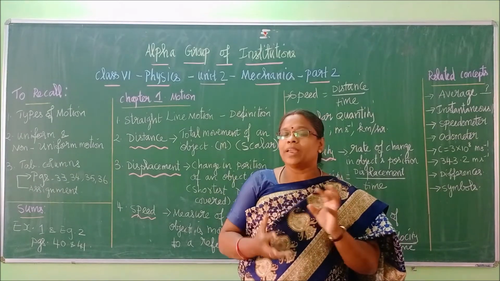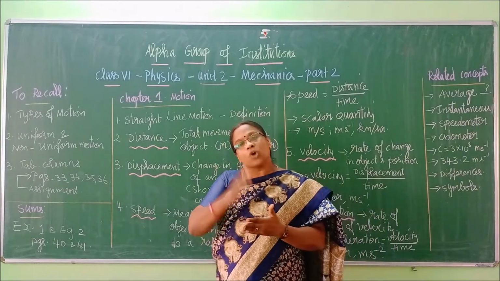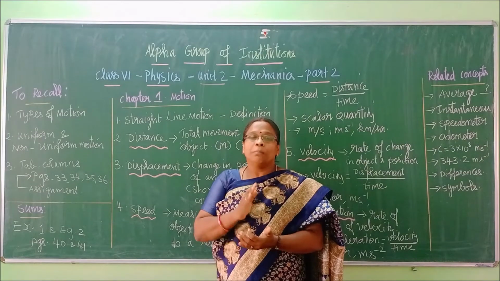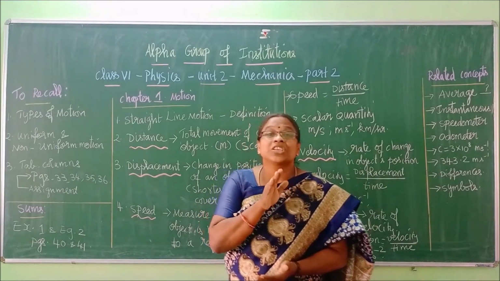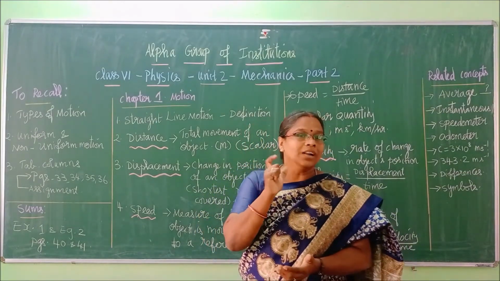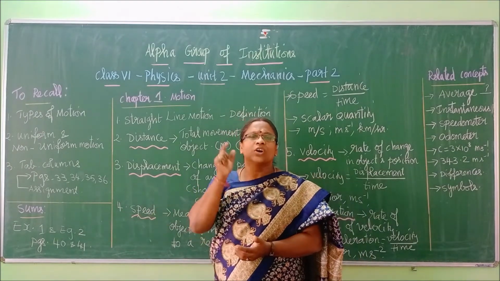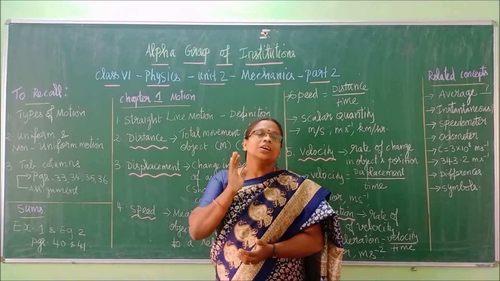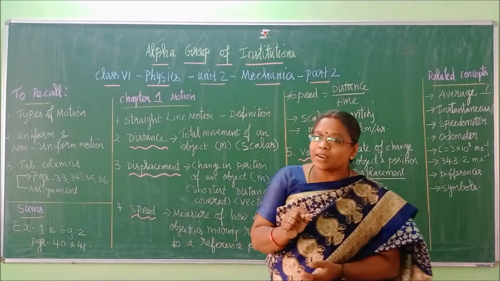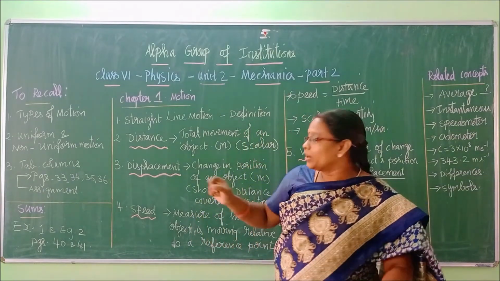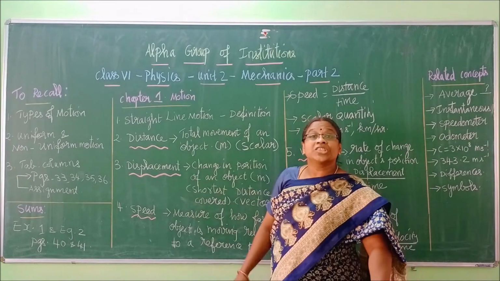How can we explain this? Displacement is also a distance, but it is direction oriented. Now underline the word direction. This is the only case where we can call that particular distance displacement. So now you can understand that displacement is direction oriented.